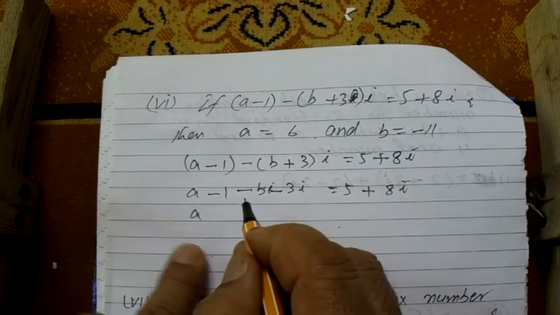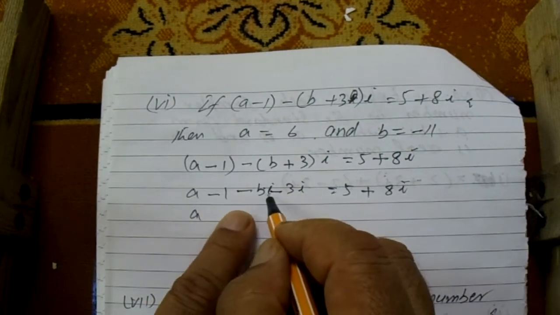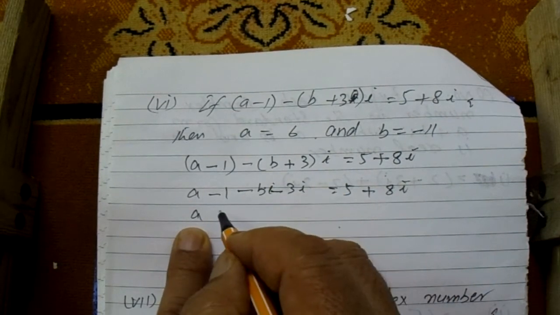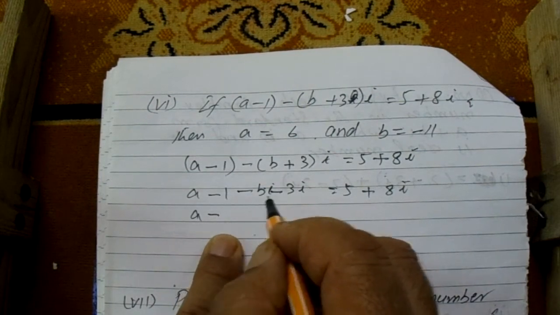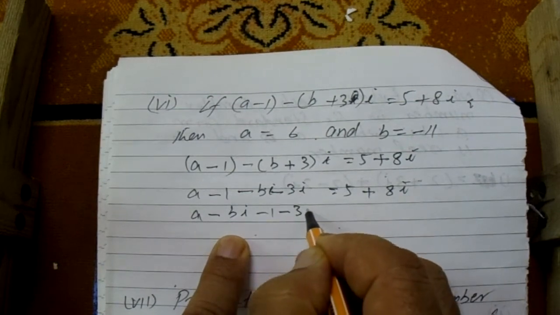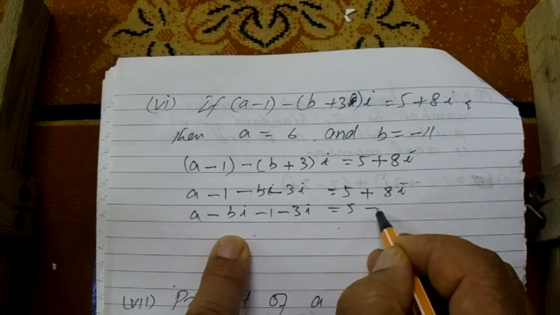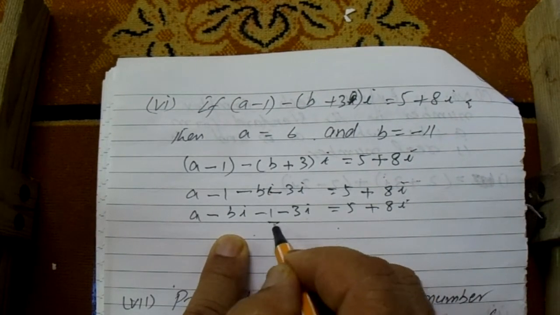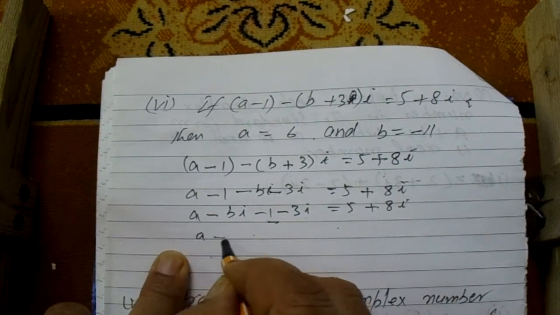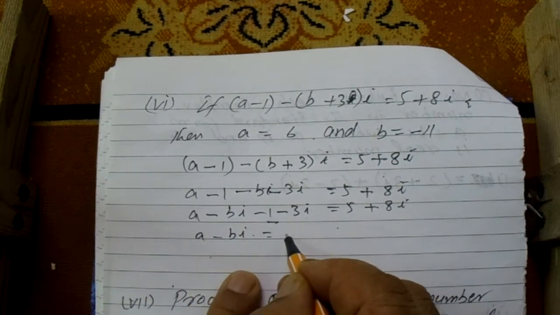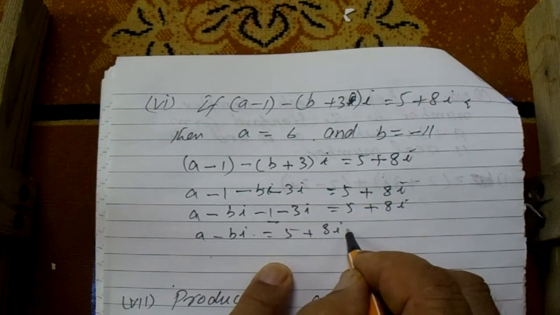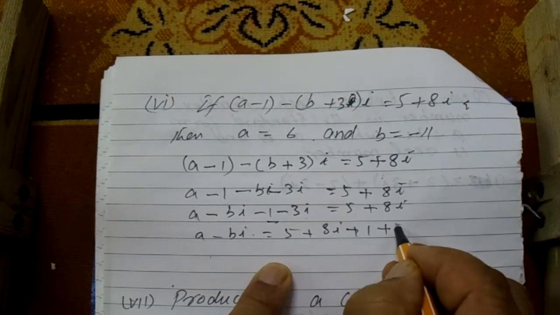Now this portion goes on the right side and minus 3 also goes on the right side. a minus b iota is equal to 5 plus 8 iota. This minus 1 will go on the right side. It will become positive, plus 1 and plus 3 iota.